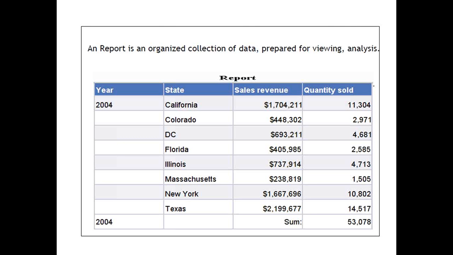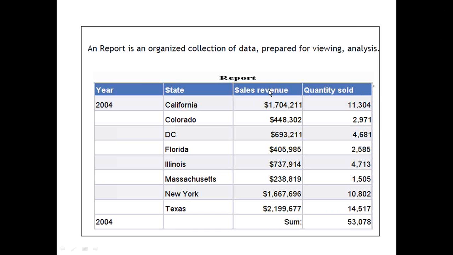Which state has the highest sales revenue and which has the very least? Texas has the highest sales revenue and Massachusetts has the very least. Why is that?